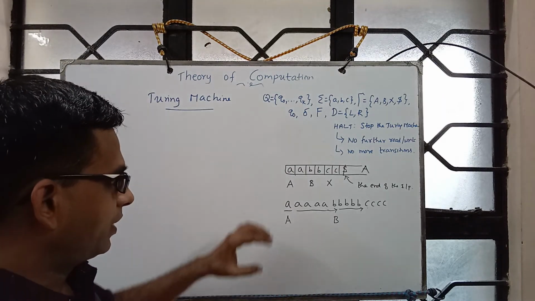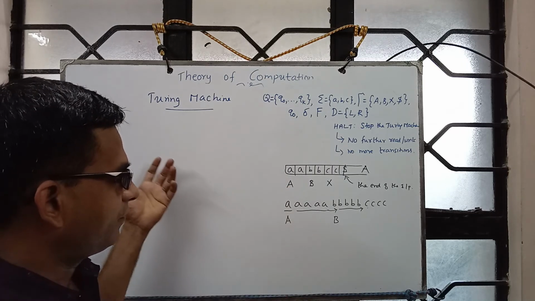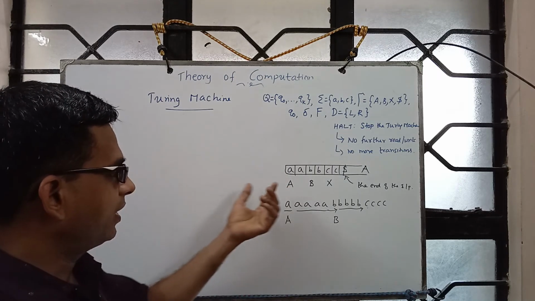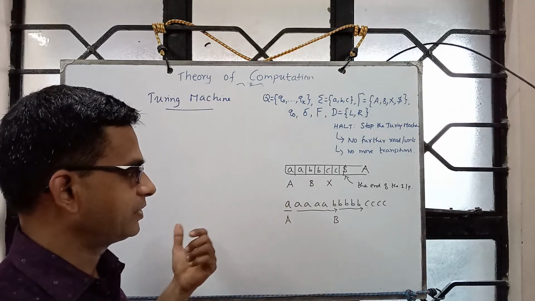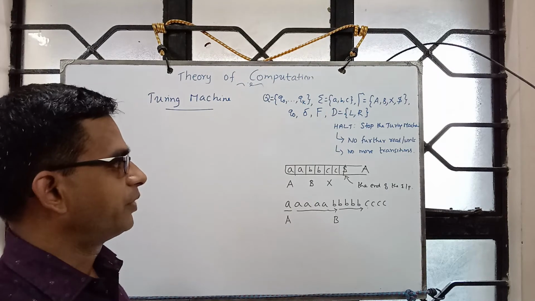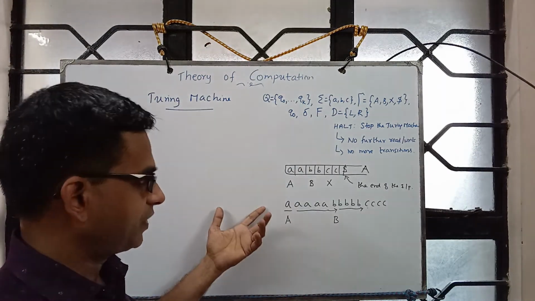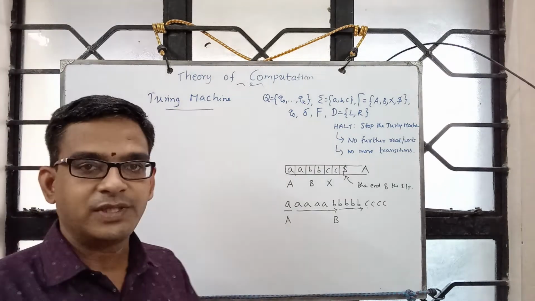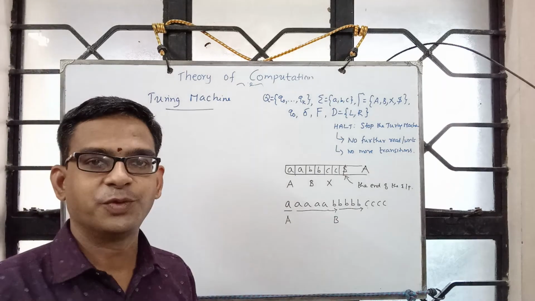So now let's describe the formal way of seeing how a^n b^n c^n is recognized by a Turing machine. One can come up with a transition diagram, one can come up with a transition function, one can also come up with a grammar. All that we shall see in due course.